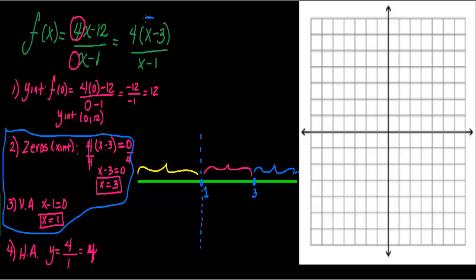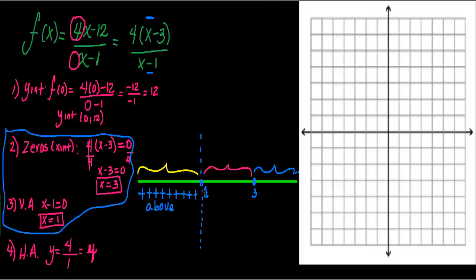So the numerator will be negative. If I plug in a 0 in the denominator, I'll have 0 minus 1, and the result will be a negative number. Negative divided by negative, that's positive. That means that this graph comes from above the x-axis. Okay, above. Good.